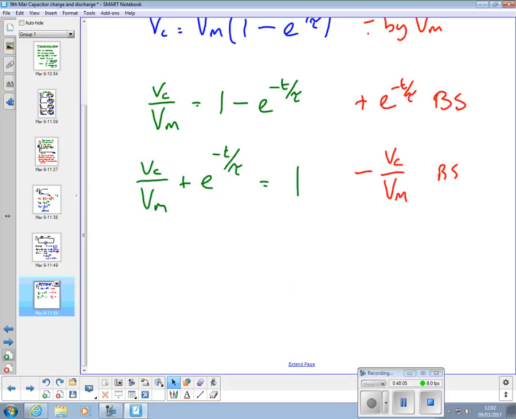So we end up with e to the minus t over tau is equal to 1 minus little Vc over Vm.